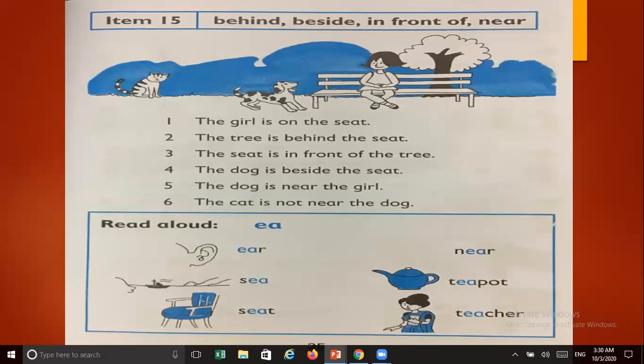You can see the picture of ear. Ear. E-A-R. Ear. Always if ear, the last letter will be R.